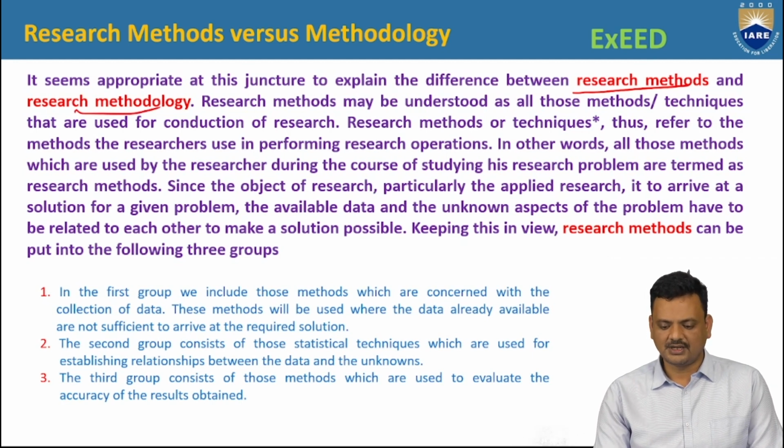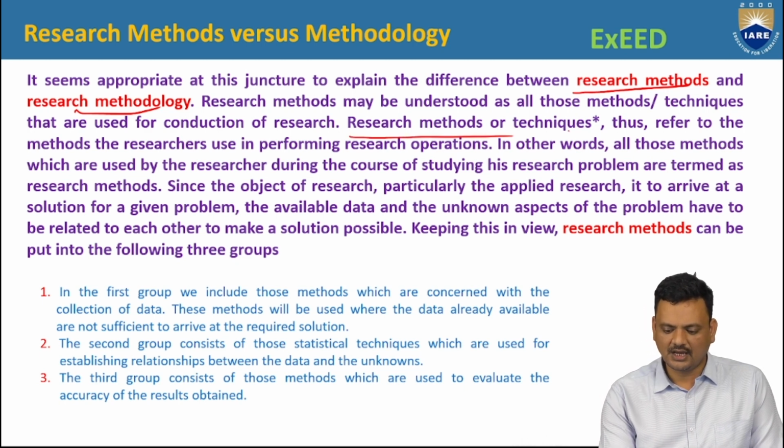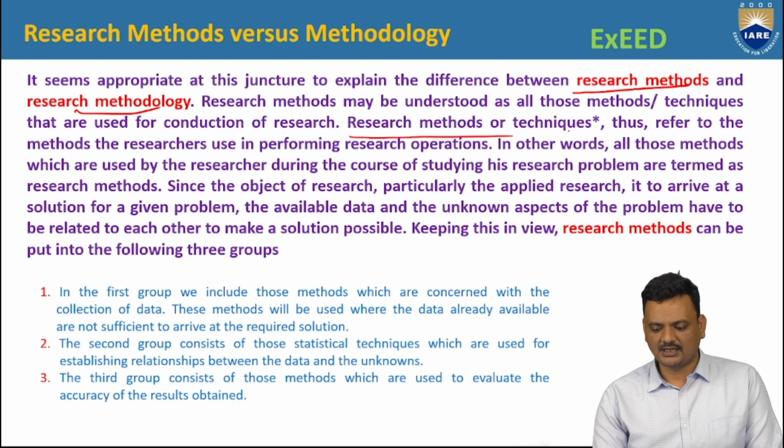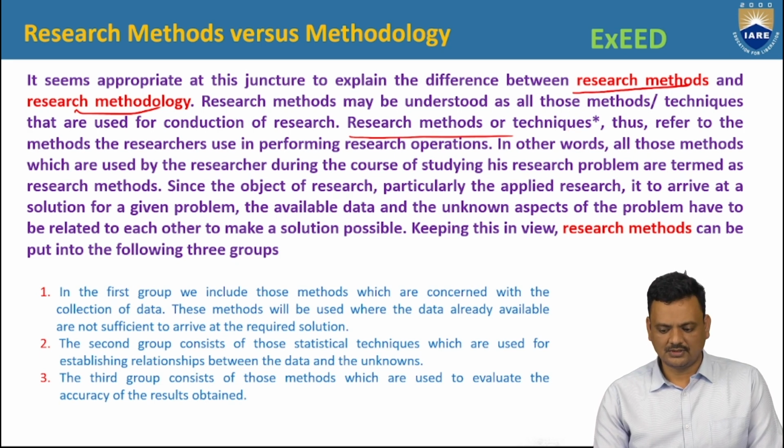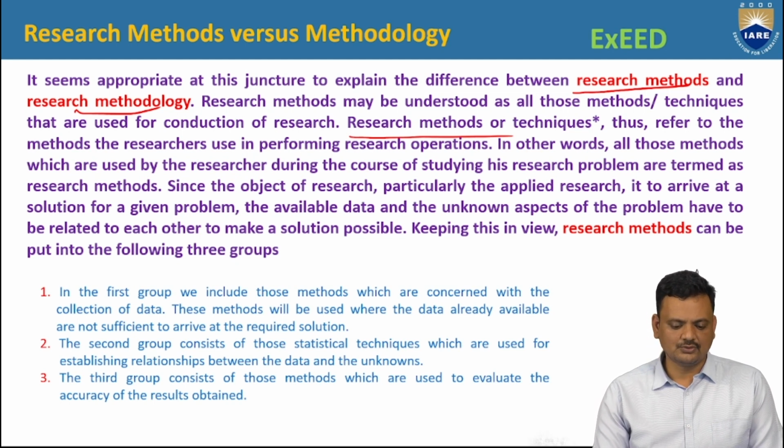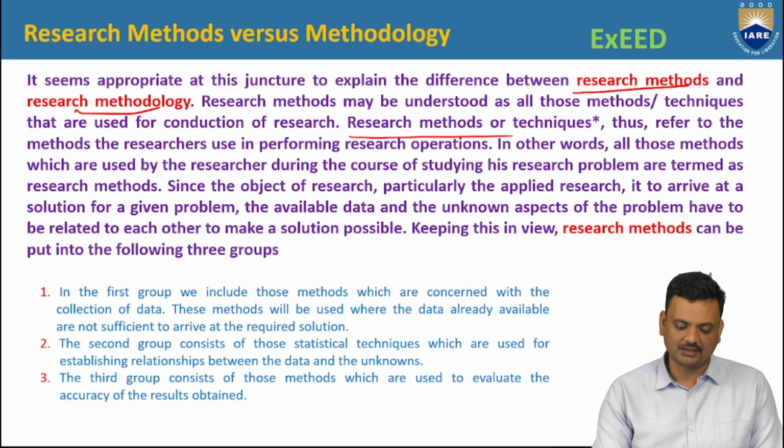Research methods may be understood as all those techniques that are used for conduction of research. Research methods are techniques, thus they refer to the methods the researcher uses in performing their research operations. In other words, all those methods which are used by the researcher during the course of studying his research problem are termed as research methods.